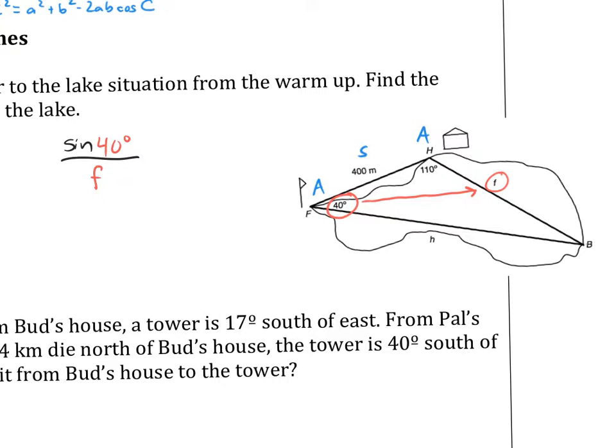So we have to place that as the ratio. Next, I'm going to start filling in some more. So here is B, which is opposite the 400. So sine of B is opposite the 400. And our last situation is the sine of 110 is opposite the H.